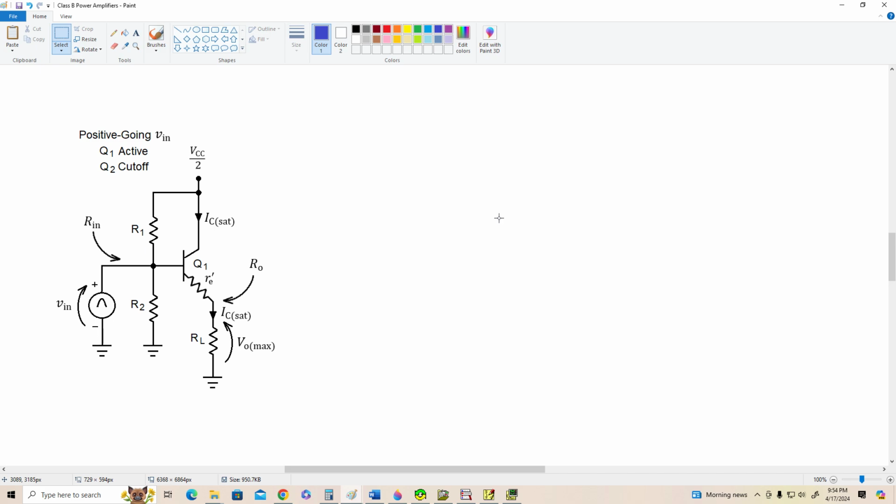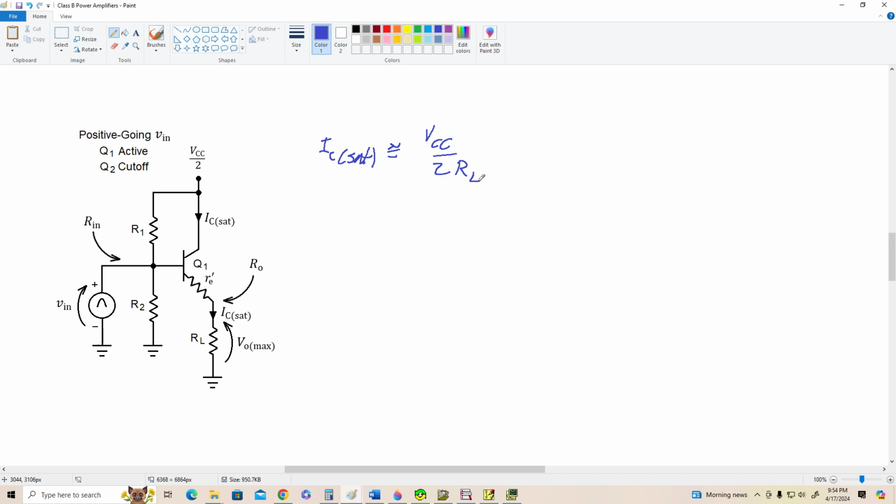All right, let's start by calculating IC sat. IC sat is approximately equal to VCC over 2 divided by RL. And when we divide by RL, it's the same thing as multiplying by 1 over RL, so it's VCC over 2 RL.